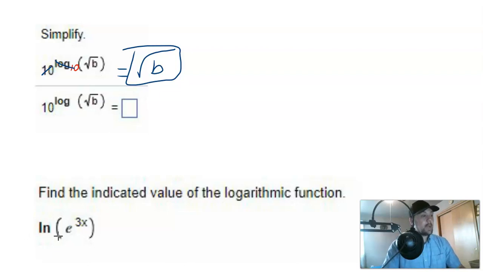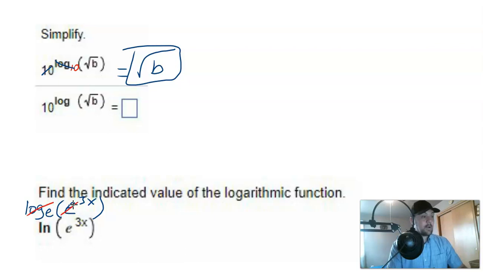All right, the same thing's going to happen down here. We have natural log, which remember from the previous videos, that's log base e, of e to the 3x power. Whoops, I kind of messed up on that parentheses. All right, and then just like we saw in the previous screen, the base e logarithm cancels out with the base e exponent, right?